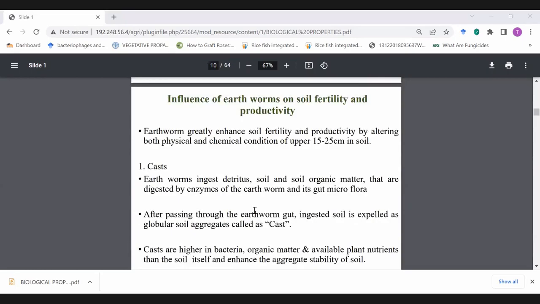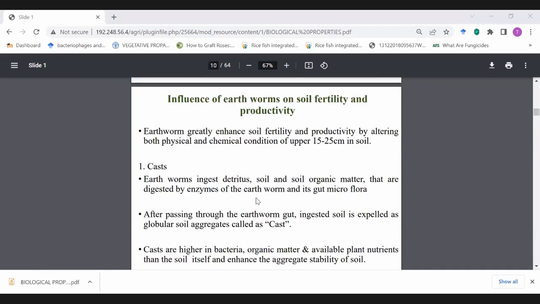Next, we'll see how the earthworm influences soil fertility and productivity. First, earthworms enhance soil productivity by changing its physical and chemical conditions, mainly in the surface soil between 15 to 25 centimeters, and it forms a special product called cast. Earthworm cast forms when the earthworm ingests soil debris and organic materials, which are digested by the enzymes present in the earthworm's gut.